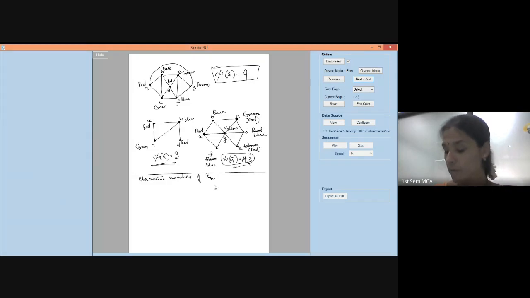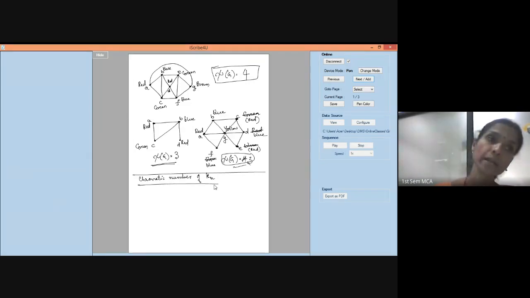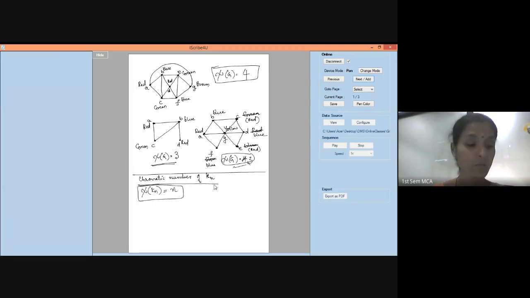Now, whenever we take a complete graph of n vertices, the chromatic number of Kn is always n. This you have to remember always. Chromatic number of Kn is always n because you cannot have any two vertices with the same color.